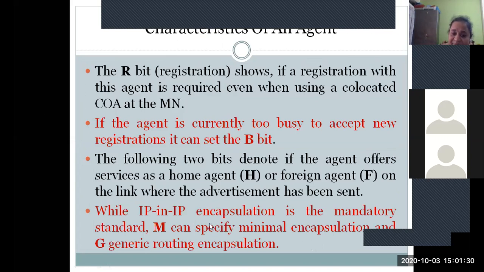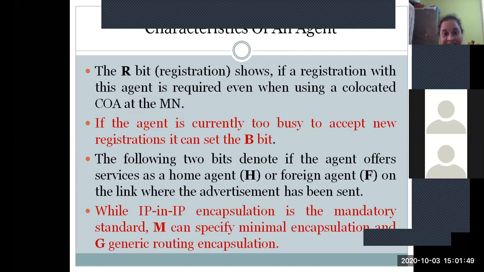And whenever we specify the M bit, M specifies minimal encapsulation, and G is nothing but the generic routing encapsulation. So when we go through this encapsulation procedure, we can learn what minimal encapsulation is and what generic routing encapsulation is.